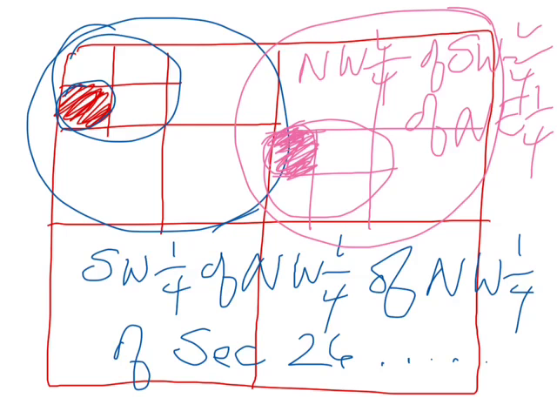All right? So that's how you can determine the legal address or the legal description. This one would be the northwest quadrant of the southwest quadrant of the northeast quadrant of section 26, 2 tiers north, 2 ranges west of principal meridian number 2. All right? That's basically the system and how it works.